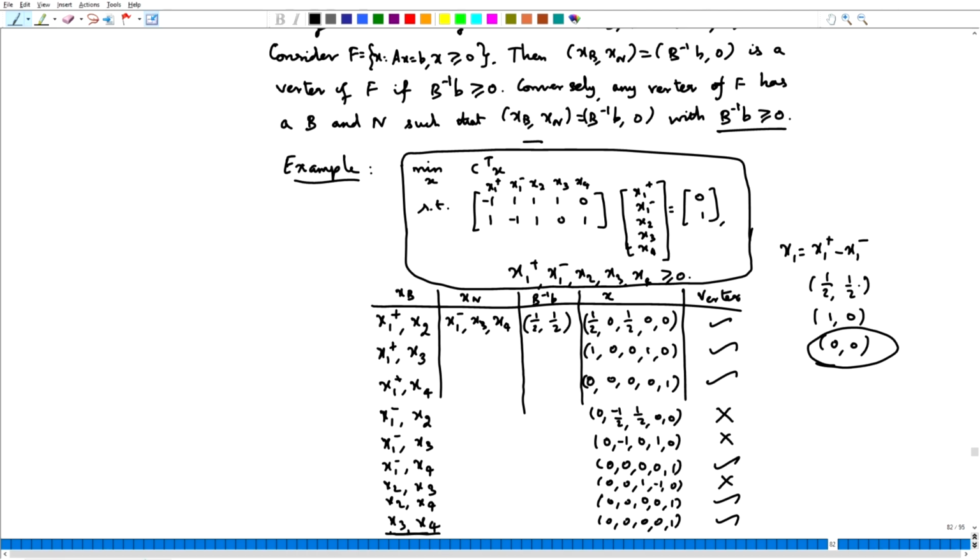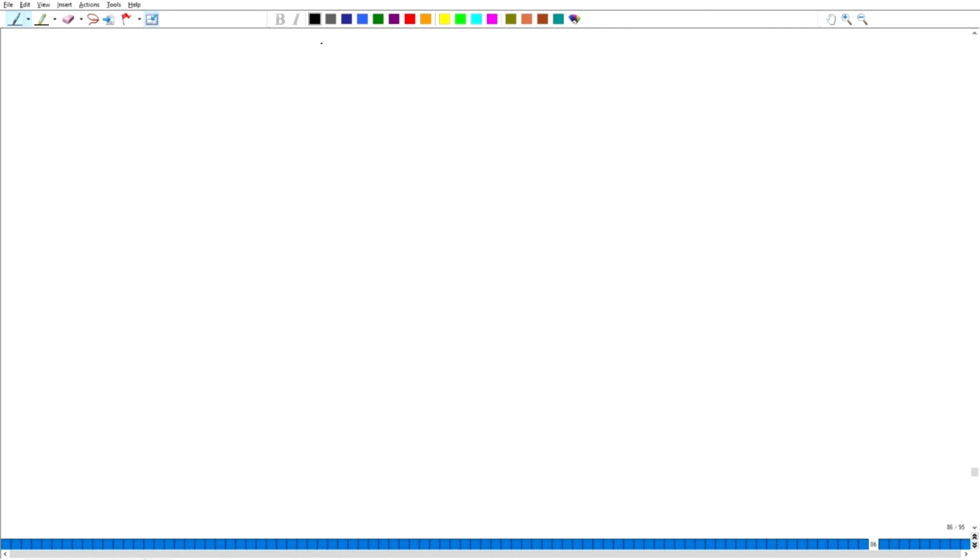I know that the answer is half, half, so I want to choose a vertex which is not the answer, otherwise I would stop in the first step. So I am going to choose x3, x4 as basic, and x1 plus, x1 minus and x2 as non-basic. In this matrix, these two become the basic variables, and these three become the non-basic.